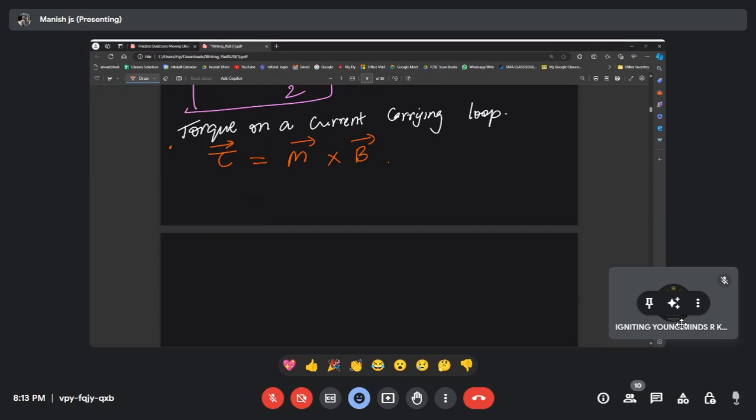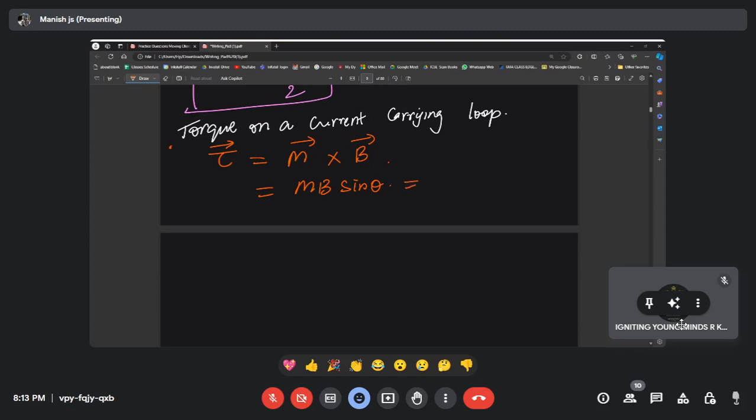Coming back, torque is represented as the cross product of the magnetic moment and magnetic field, M cross B. You all know A cross B is AB sin theta. Here it is going to be MB sin theta. We express like this.